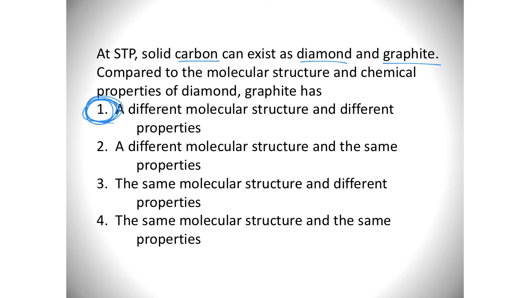The atoms are arranged differently, which gives it different properties. Think about it this way: you should never be confused as to if you have pencil lead or a diamond. They are going to be very different because they are arranged differently and they have different properties.